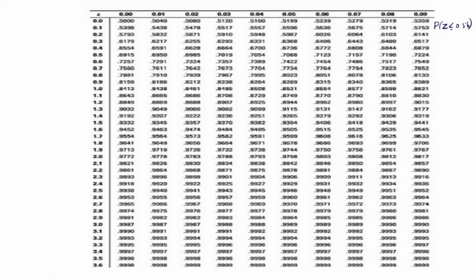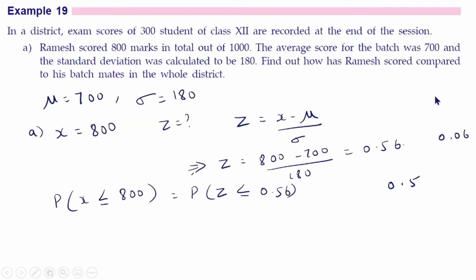So along the row 0.5 and along the column 0.06, the value which we get is 0.7123. So probability of z less than or equal to 0.56 is equal to 0.7123.